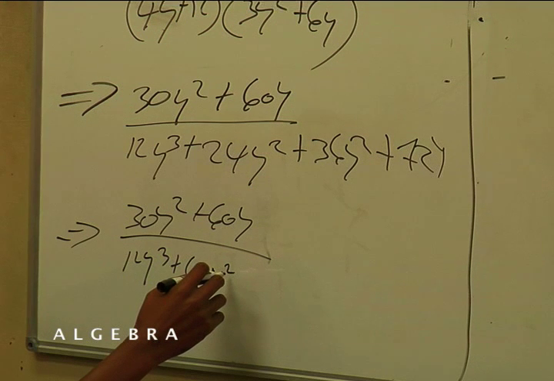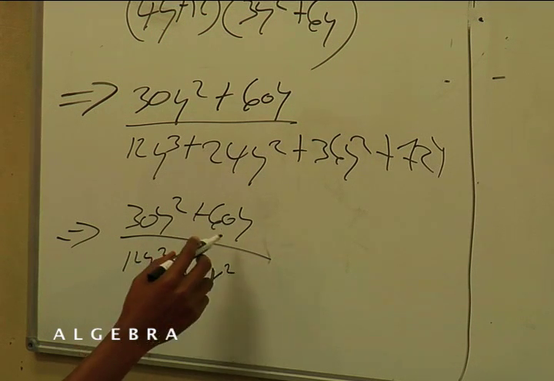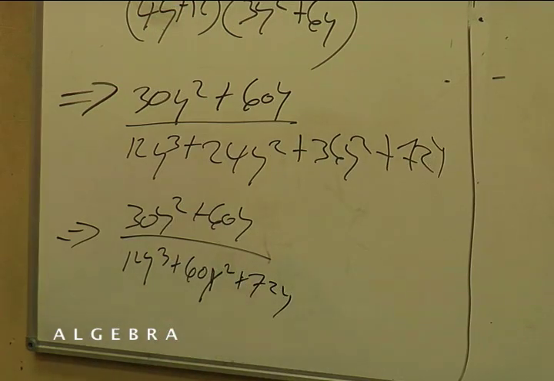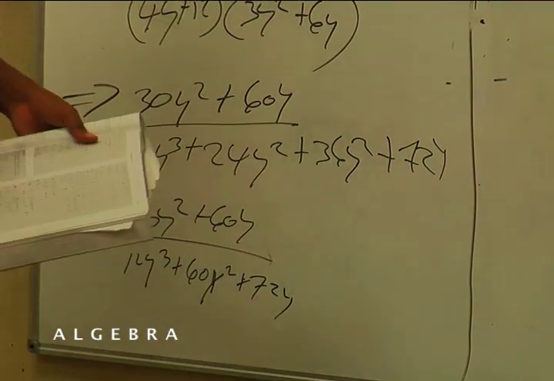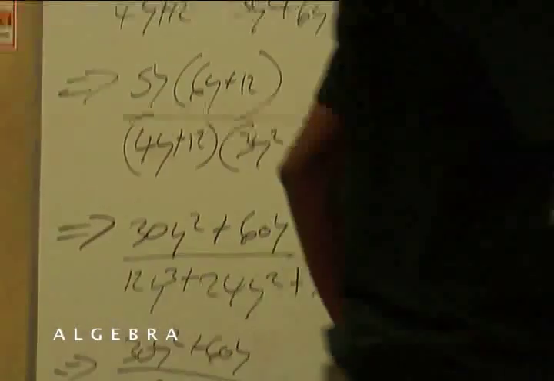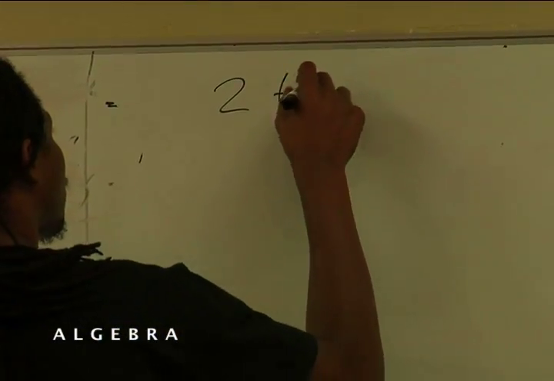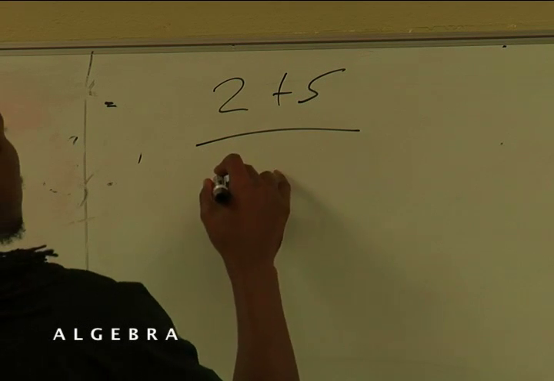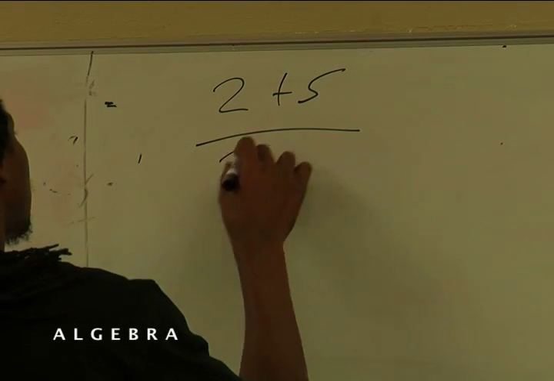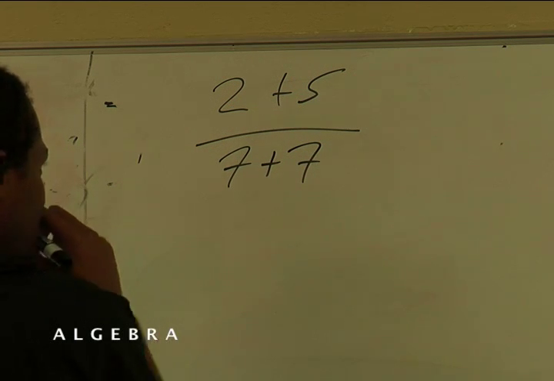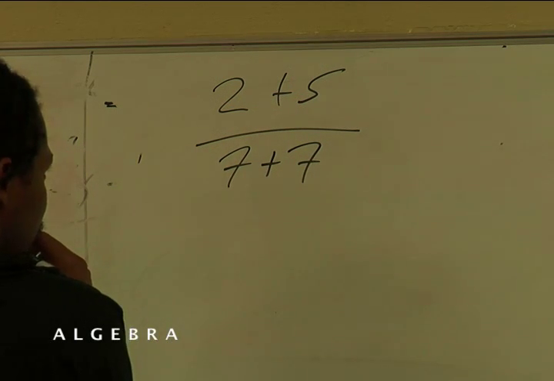Cannot be 60y squared. So let's see that under square and that is 24y squared plus 30. All right. Hold on now. 2 plus 3 over 7 plus 7. 2 plus 5 over 7 plus 7.